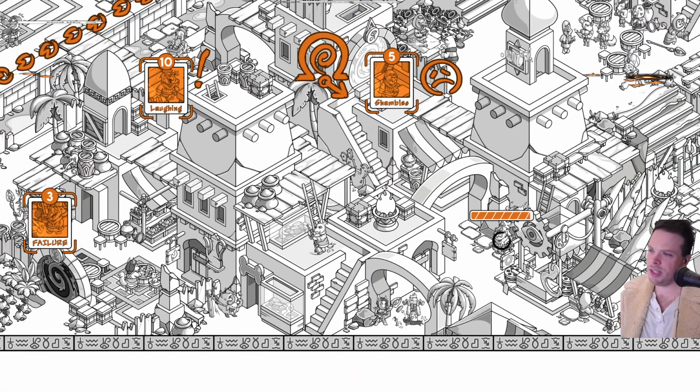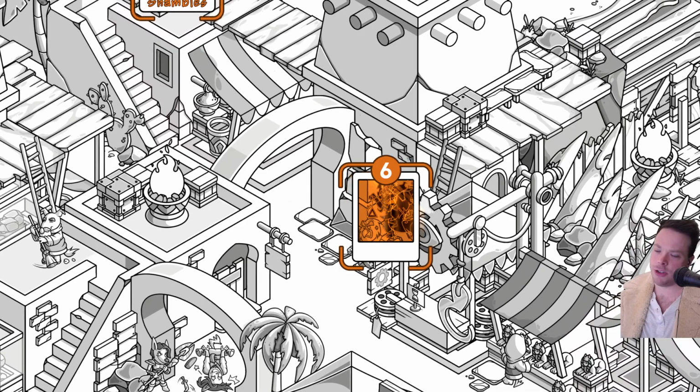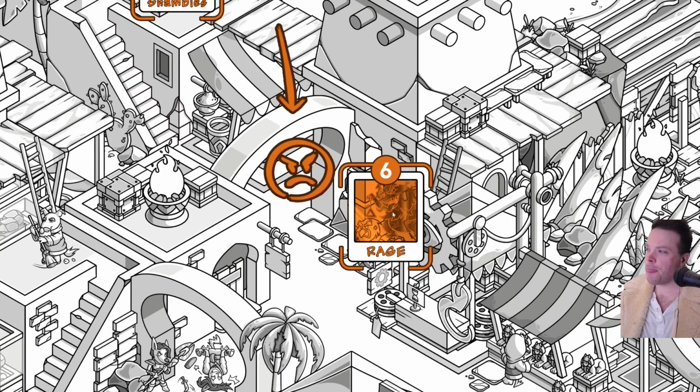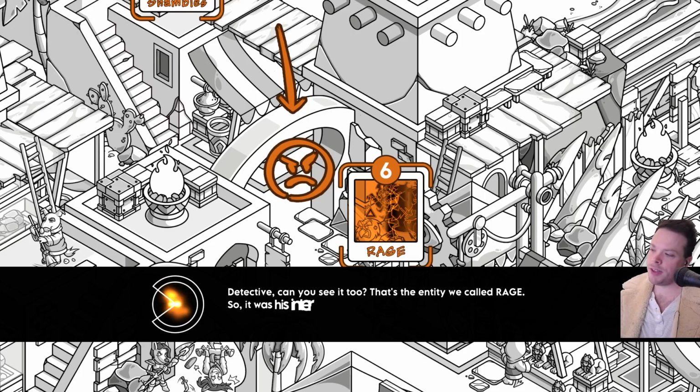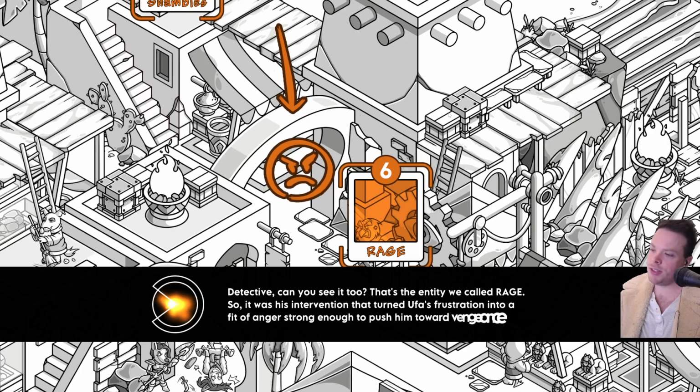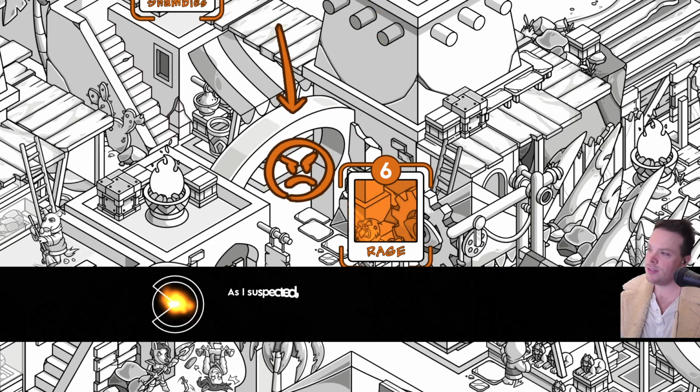There he is, and he's even got the Rage next to him. Detective, can you see it too? That's the entity we called Rage, so it was his intervention that turned Ufa's frustration into a fit of anger strong enough to push him towards vengeance.